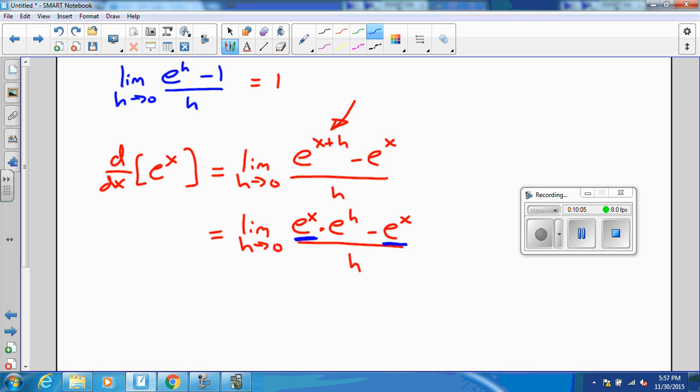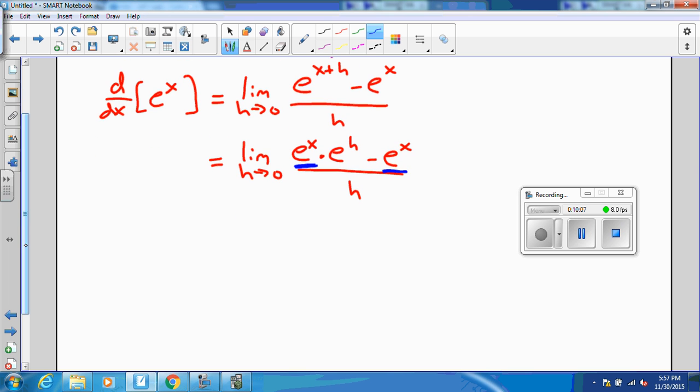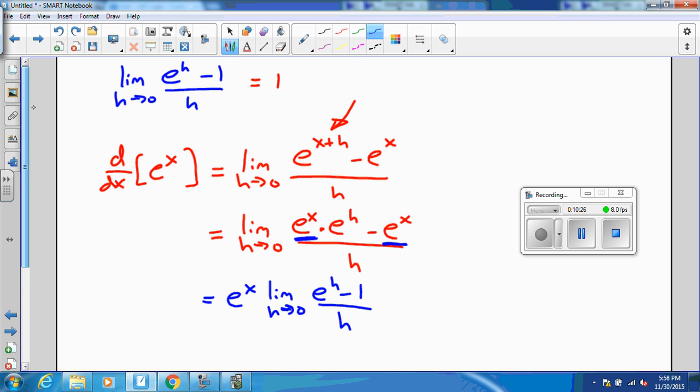And now a miracle occurs because my top terms have a common factor of e to the x that can be factored out. Notice that e to the x is a constant with respect to h because it does not depend upon h. And when I do factor out that common factor, what I'm left with is the limit as h goes to 0 of e to the h minus 1 all over h.